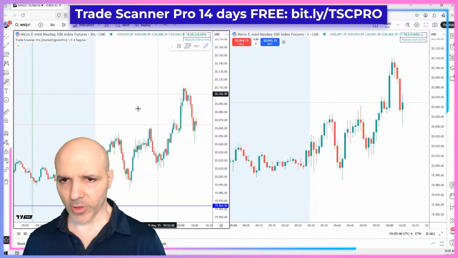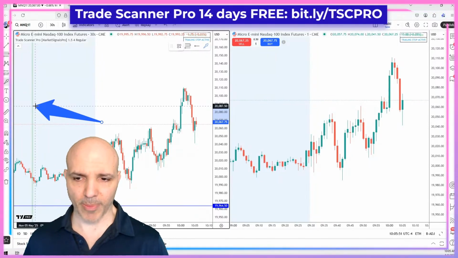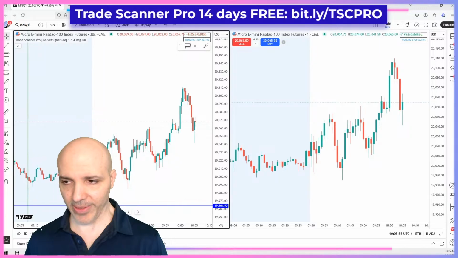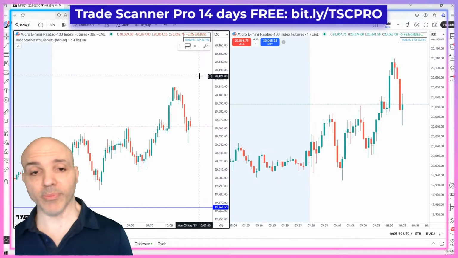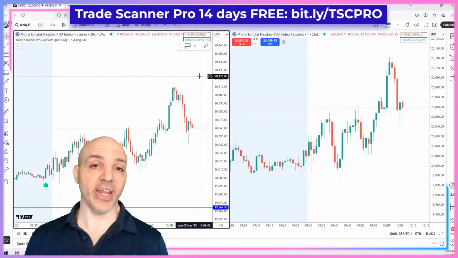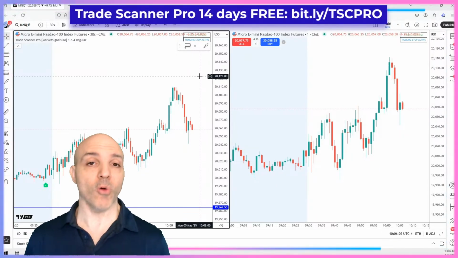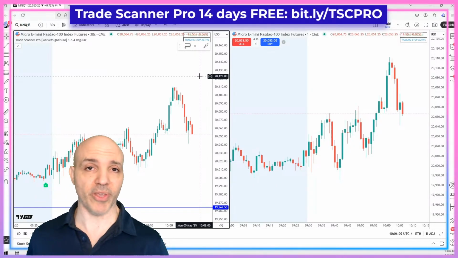A heads up, for those of you that don't know, are these little red or green columns. That tells me that a signal is likely to appear. I don't even have that. The nice thing about the Trade Scanner Pro is a lot of times it'll keep you out of trouble. It helps prevent overtrading, where you take a bunch of trades for no reason because you think you see something or you get anxious.